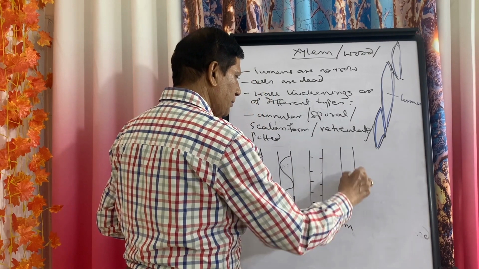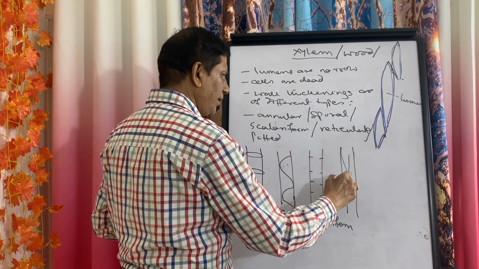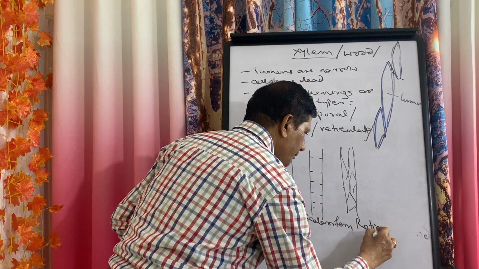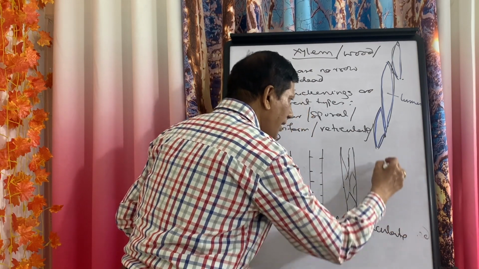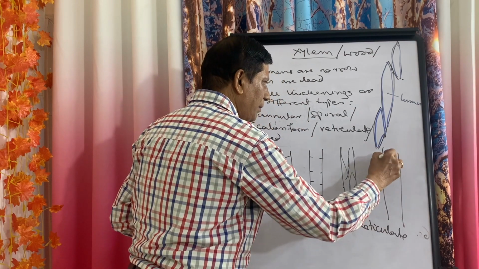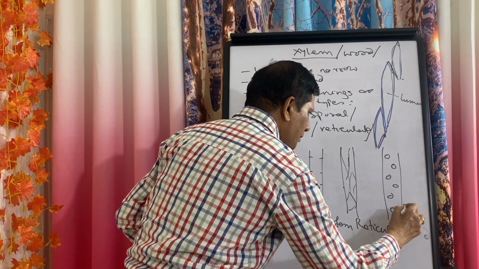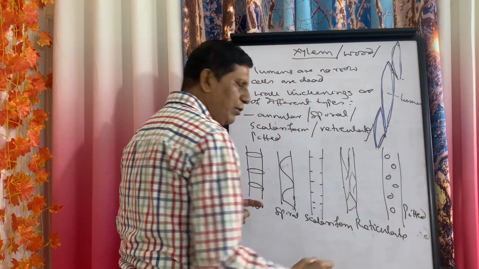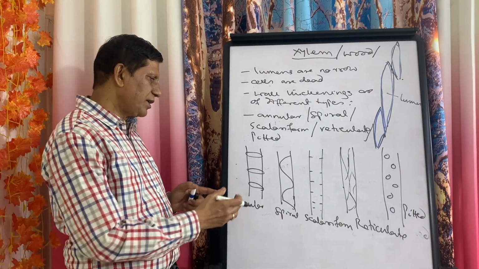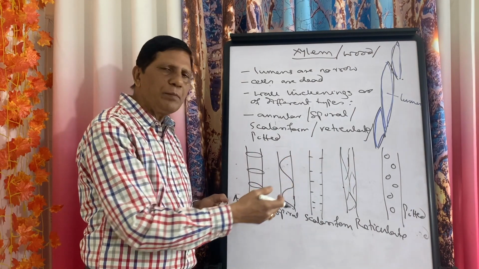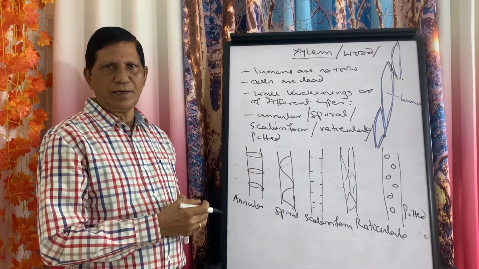If it is present in a net-like manner, this is known as reticulate. And if there are pits like this, this is known as pitted. Out of these, the annular and spiral are quite primitive types of thickening, while pitted is the most advanced type.